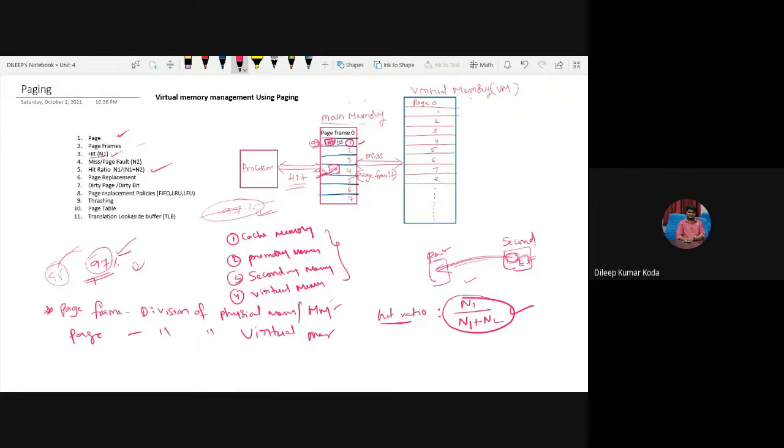In this case also, your main memory will get the entire page from the virtual memory. It is not looking for only a single missed file.